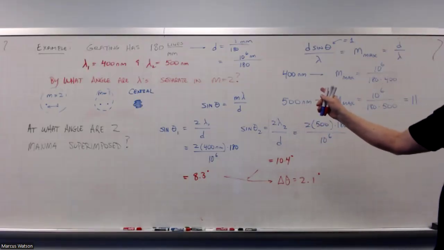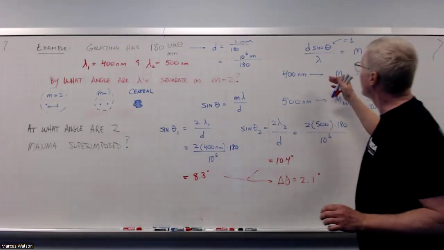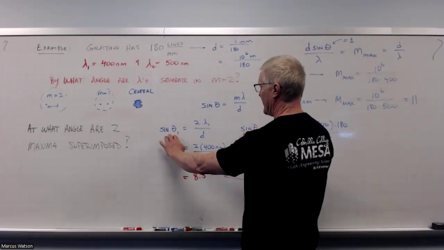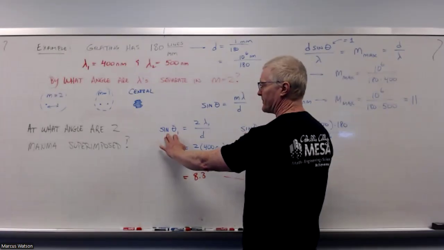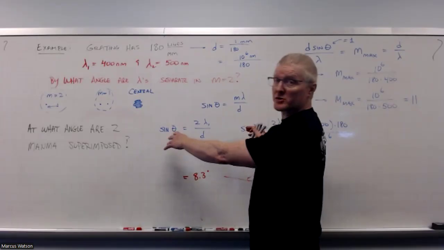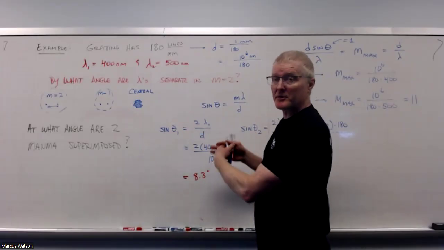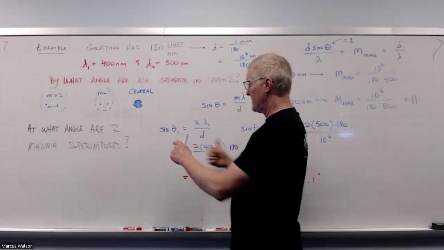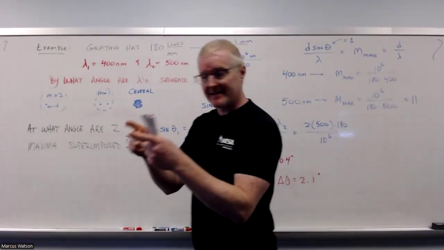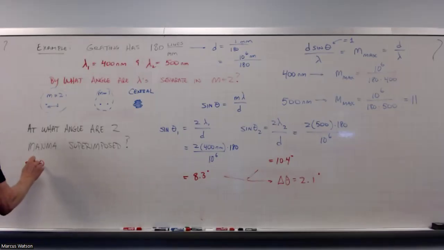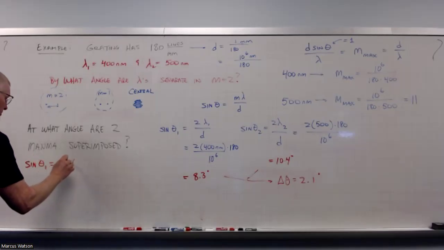So if we do this, what we're going to do is say that when we look at the sine of theta for each one of these, if I want these two maxima to be superimposed, well, then these sines are equal to each other, right? If I have two maxima which are right on top of each other, then the sines are exactly the same. So in this case, sine of theta 1 is equal to sine of theta 2.